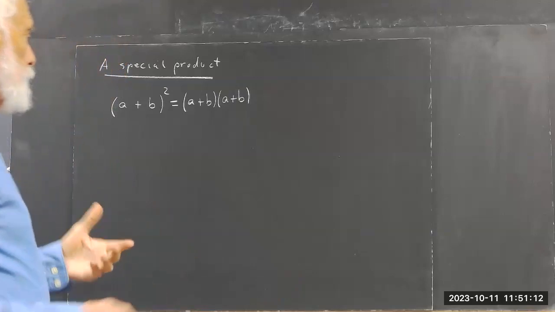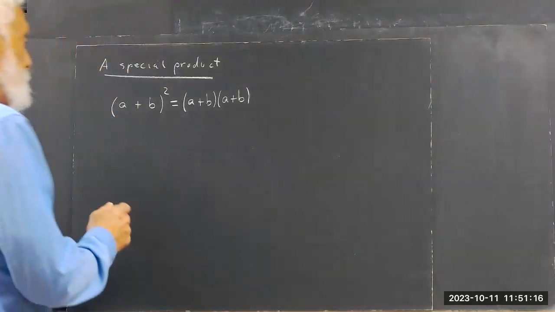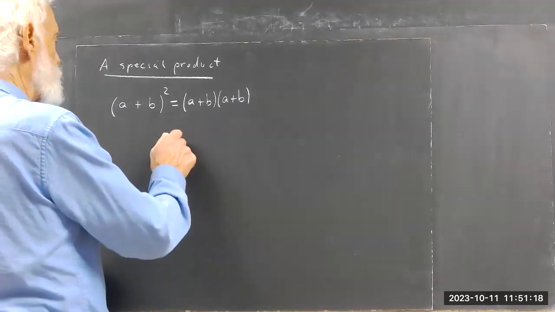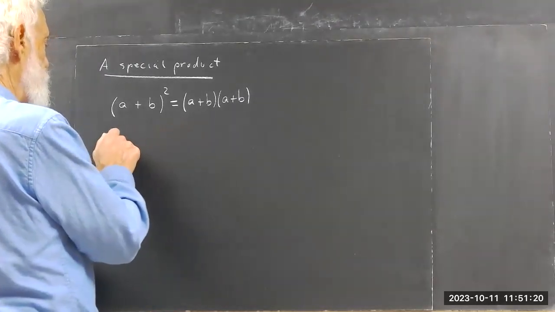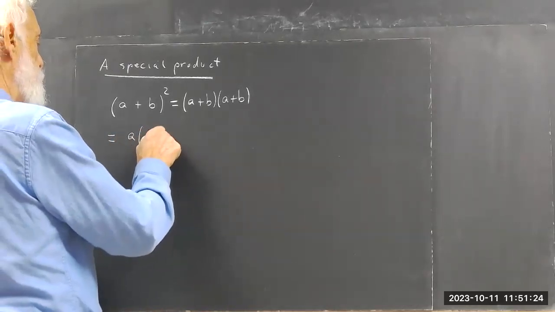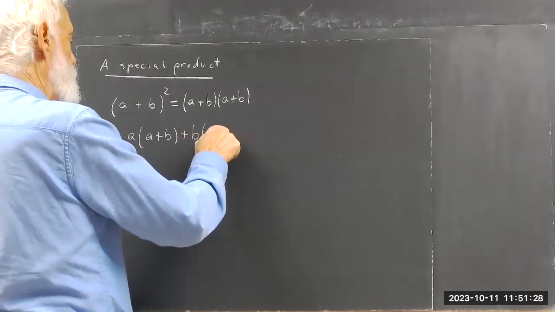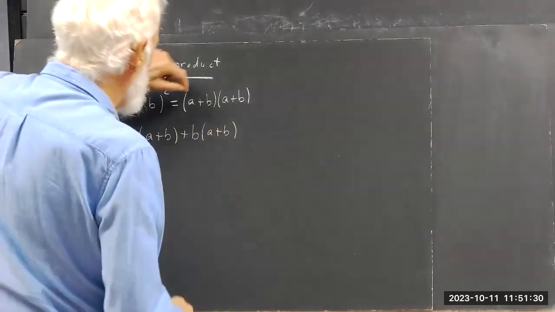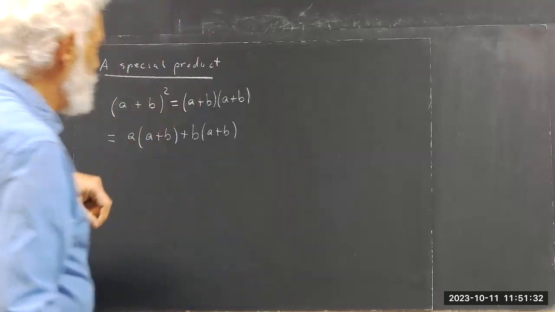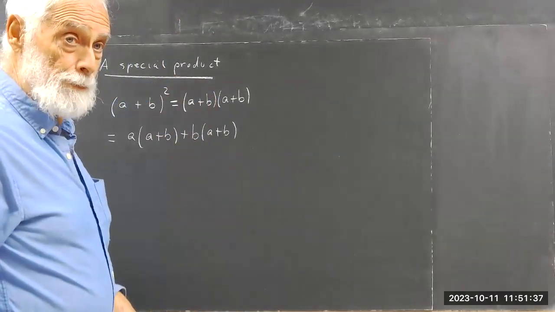Well, that can get a little confusing, but we have the distributive law. Okay. So this equals a plus b multiplied by something is a times that something plus b times that something.